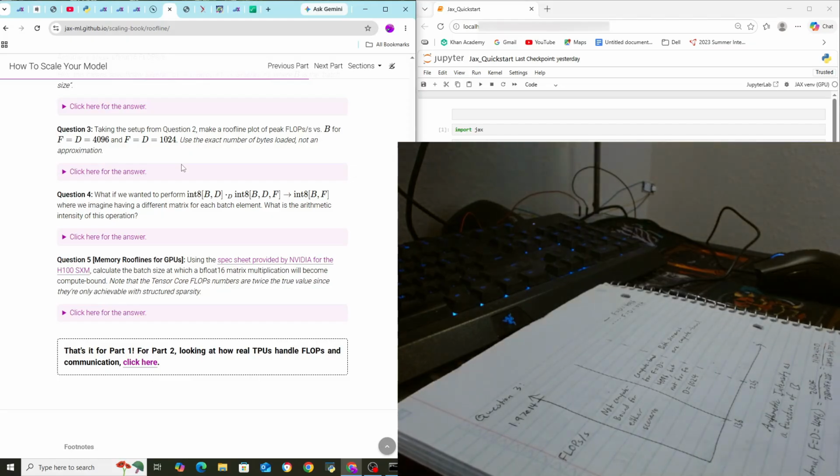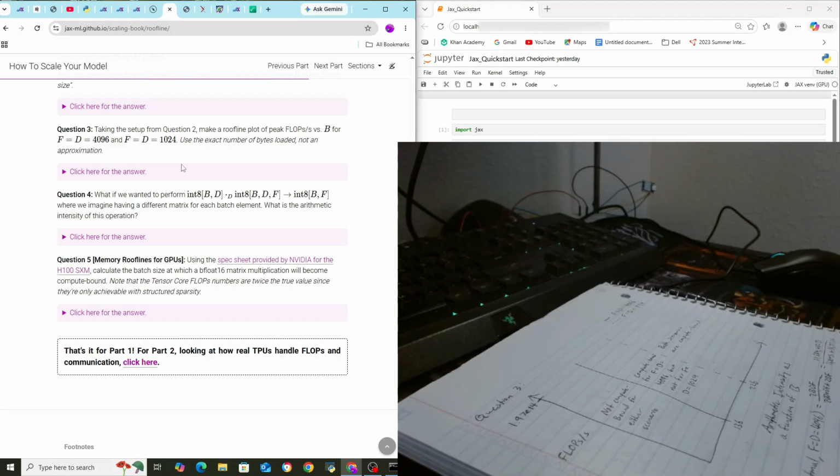So we want to get floating ops per second as a function of arithmetic intensity. Floating ops is in the arithmetic intensity definition.